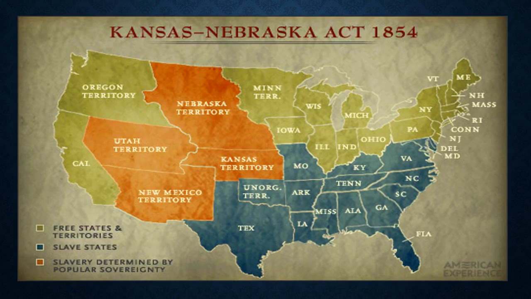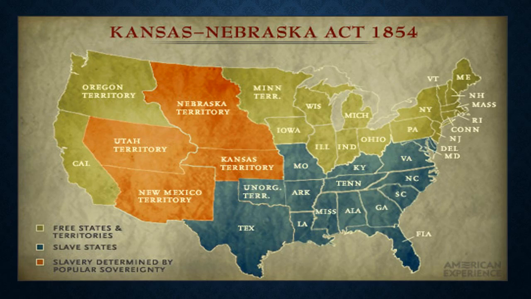So the first thing the Kansas-Nebraska Act does is it divides the Louisiana Territory into two, the Kansas Territory and the Nebraska Territory. The second thing that it did is that it did in fact repeal the 36°30' Missouri Compromise line. That is no longer applied. And then the last thing it did is it applied popular sovereignty to both of these territories of Kansas and Nebraska.